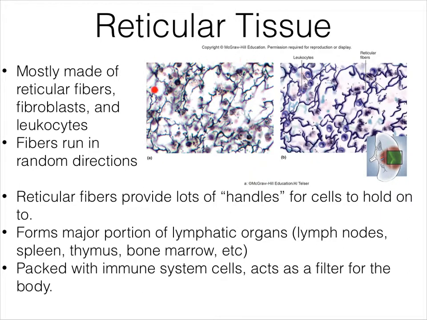Reticular tissue also often acts as a filter for the body. Your blood or fluids will be filtered through this area. All of those fluids come in contact with a whole bunch of macrophages and other immune system cells, where they can clean out any cell debris or any dead bits because they're garbage collectors, and where they can also monitor for any sneaky invaders that are trying to get in.